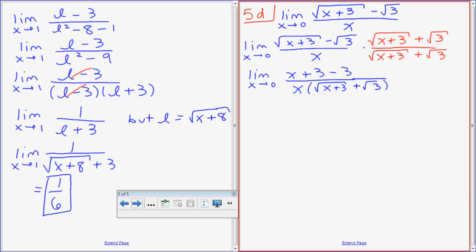All right, Emma, why are we happy at this stage? I'll write the next line, then you tell me why we're happy. And why are we happy? That cancels x.